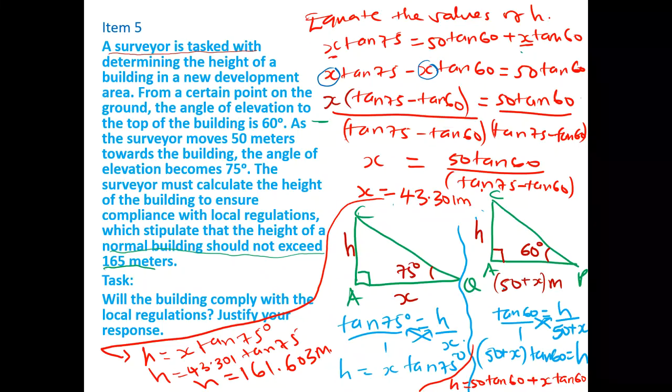And here you can see that we have 161.603. It means that this height is below 165 and the building will comply with the local regulations. That is the conclusion we can give, because the height is less than 165 meters.